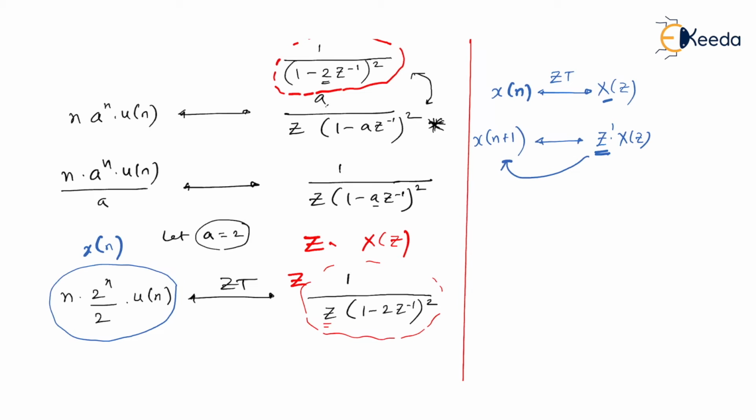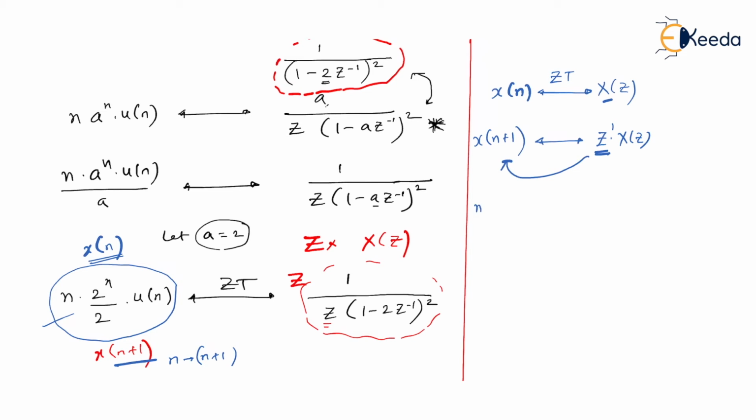But if you want this z to get multiplied with your original x of z, then you must advance your input signal x of n by 1. So let us advance the input signal by 1. So x of n will become x of n plus 1 if you multiply z with x of z. I hope you understood our motive to multiply x of z with z. Then on the left hand side what will happen? When I say x of n it's some expression, then x of n plus 1 means replace n with n plus 1. So wherever you have n, replace n with n plus 1.